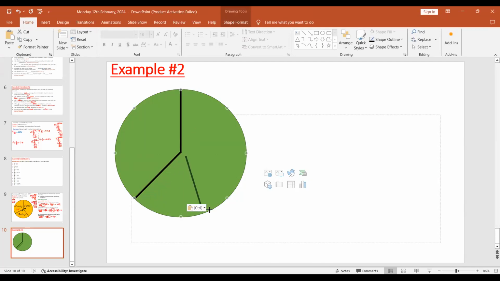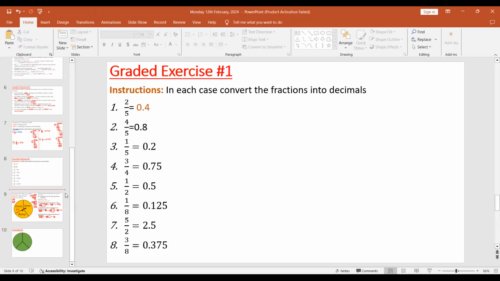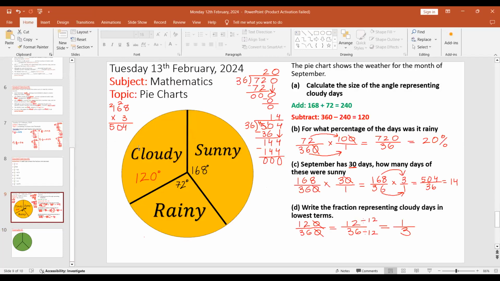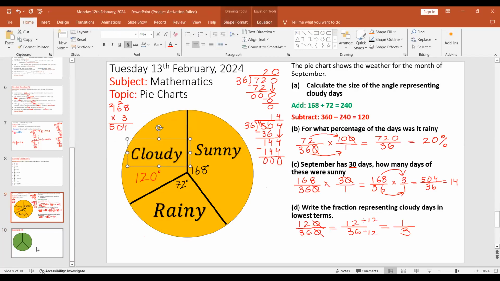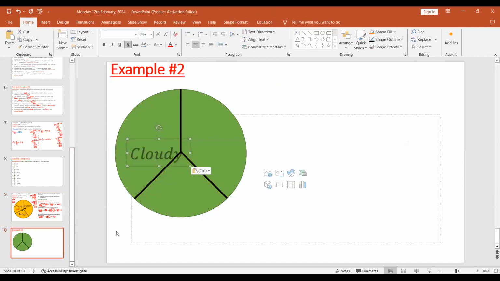Okay, so we have this one like that, and this goes like this. Okay, so let's say that this one is windy. Let's say that this one is hot.